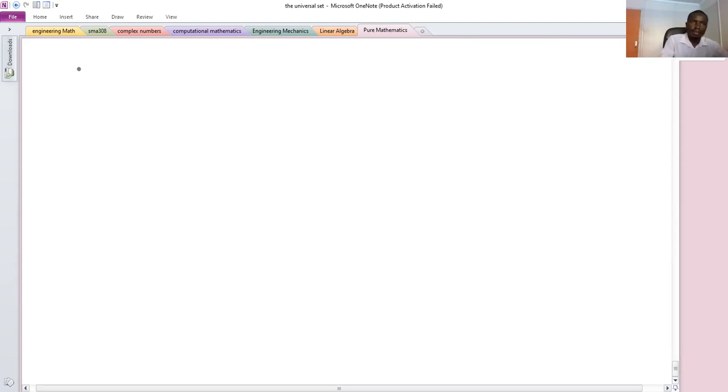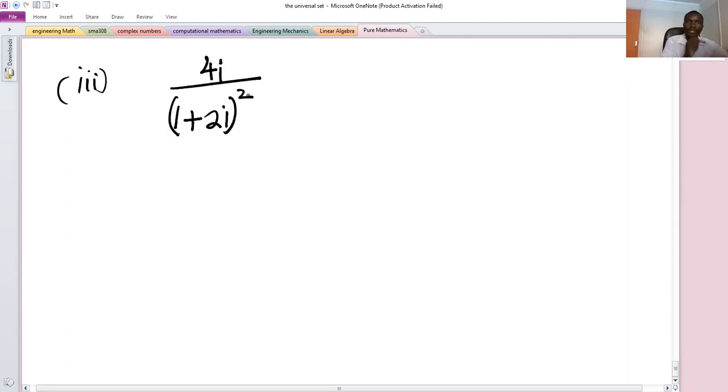And then part 3 of question 6, 4i divided by 1 plus 2i squared. So to solve this one, let's first simplify 1 plus 2i squared.